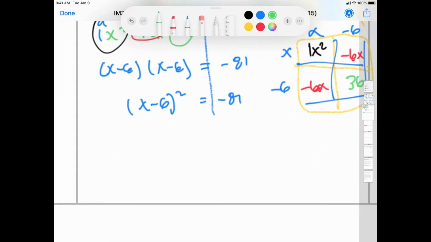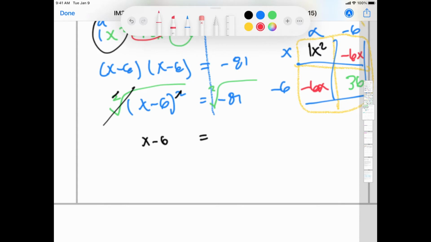And now we can do the square root method. And again, I write that too, so I can show you that this exponent is canceled by the green. Does that make sense? And so we are left with x minus 6.